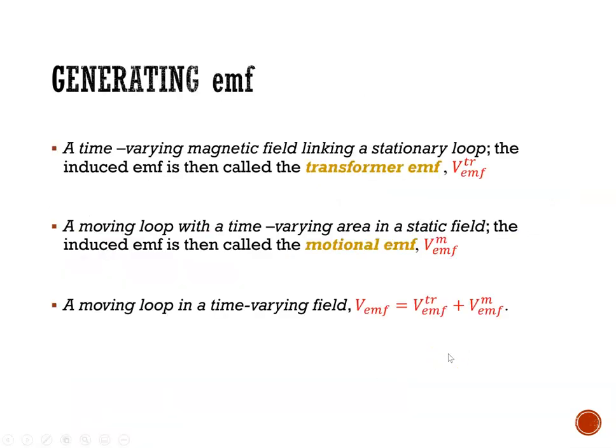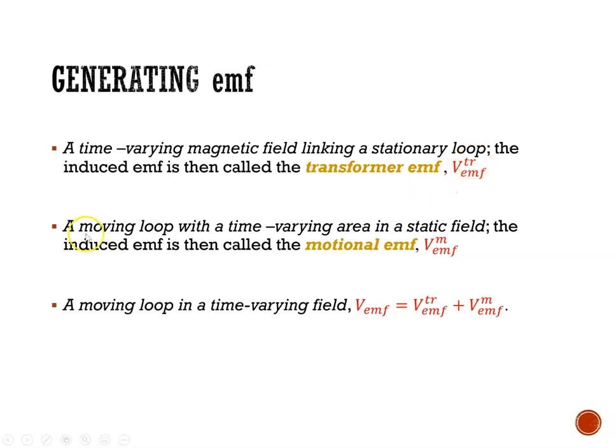For a time-varying magnetic field linking a stationary loop, the induced EMF is called the transformer EMF, denoted by VEMF with TR on top. This is the transformer.